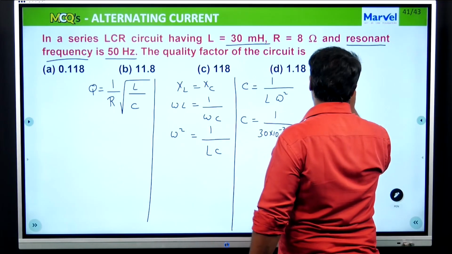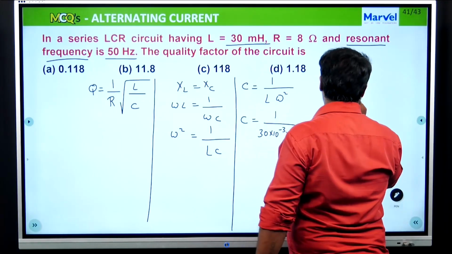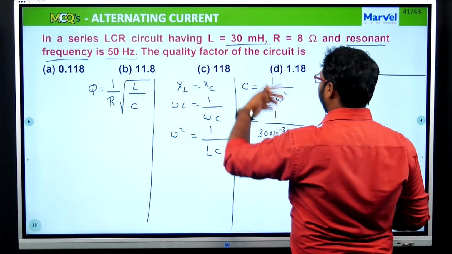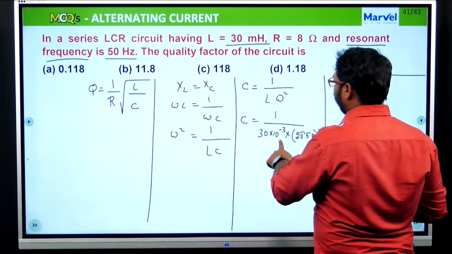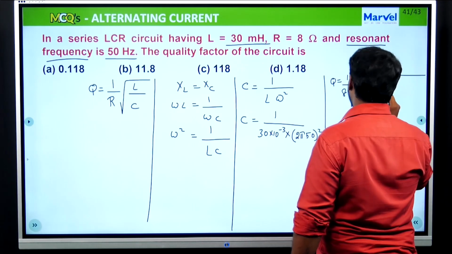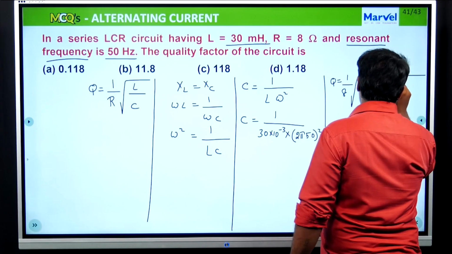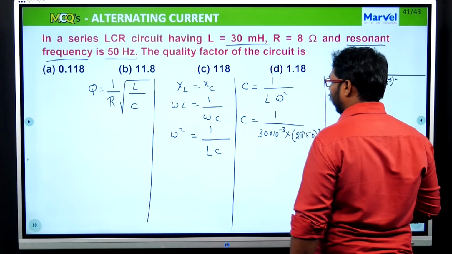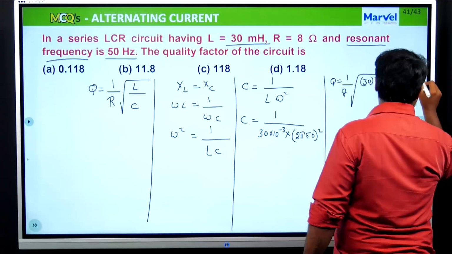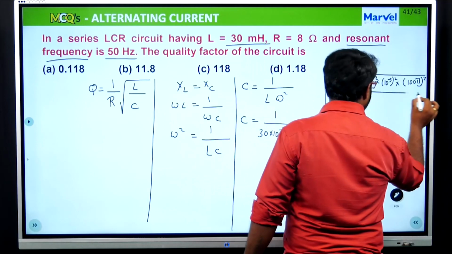So Q is equal to 1 by R, and R is 8 ohms, root of, if I put it in and take it to the top, 30 into 10 power minus 3, and this joins along with this, which becomes 30 squared into 10 power minus 3 the whole squared, into 100 pi the whole squared, divided by 1.